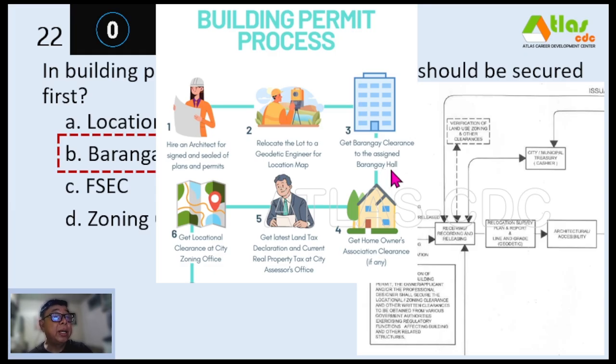And then if you are in a subdivision, you should also get the homeowners association clearance and get the latest land tax declaration and current real property tax at the city assessor's office or municipal assessor's office. And then you now have to go to the next, which is going to the city or municipal planning and development office to get the locational clearance.